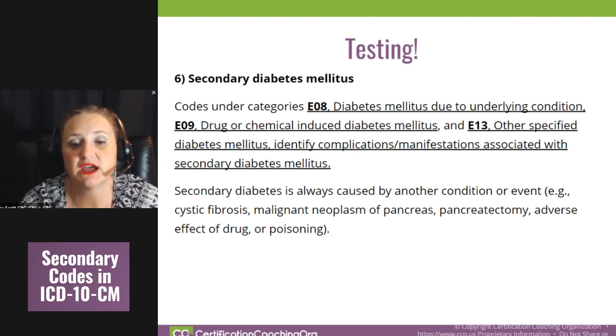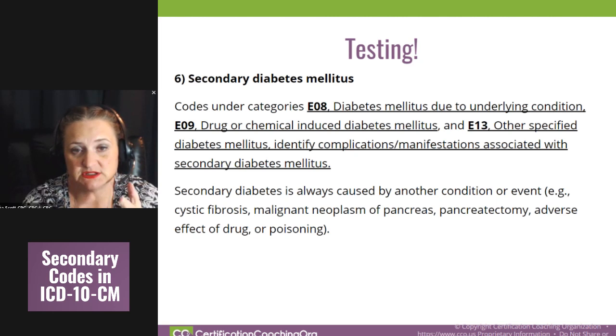Now, there is a type of diabetes that you can get that's temporary, and most of these are temporary. E11 and E10, type 1 and type 2, usually are not. Once a person gets diabetes, they're not going to stop being a diabetic. Can they stop using medication? Maybe.